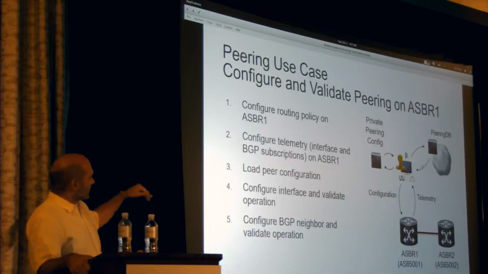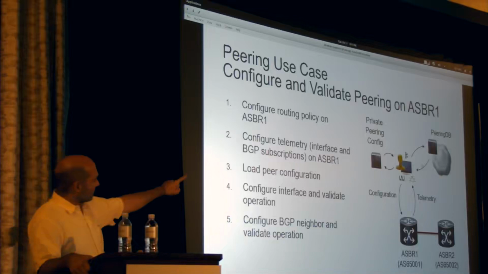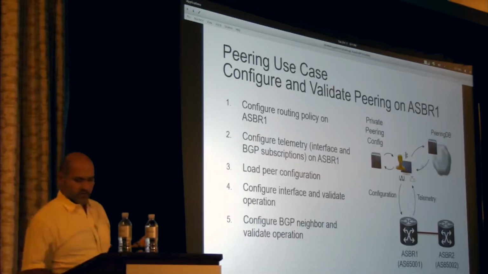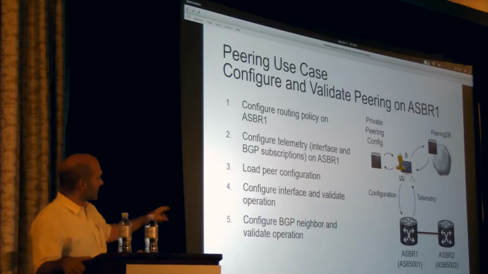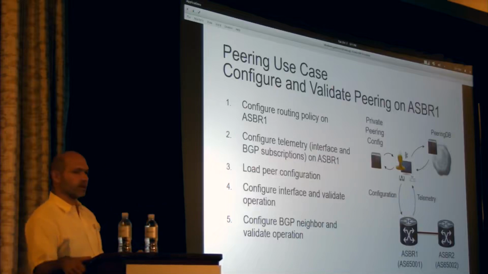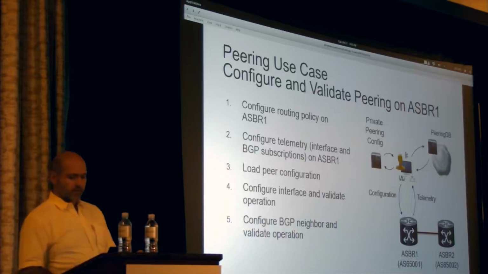And the third step on this workflow will be for a script on this node to read a peer configuration of the peering that we want to do between ASBR1 and ASBR2. Based on that local configuration that is read from a local repository, all this is actually sitting in a virtual machine, a single device, I'm going to configure the interface and wait for the interface state to be pushed back to me.